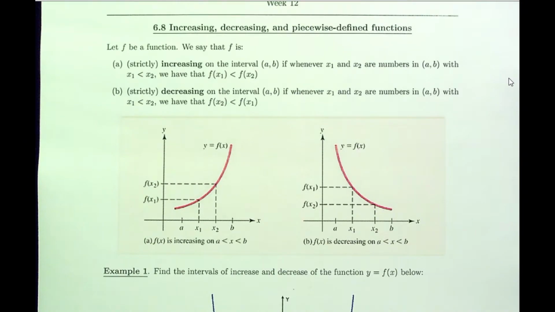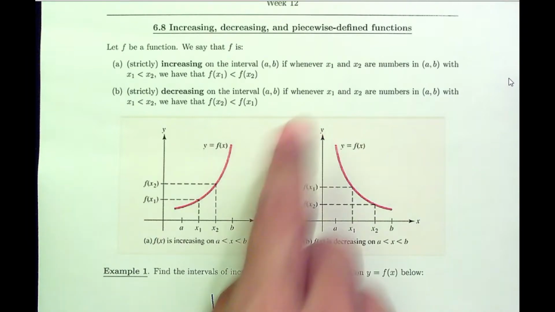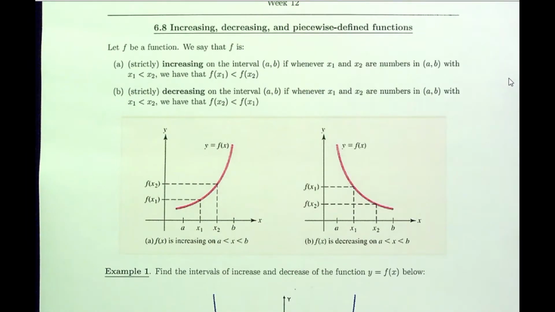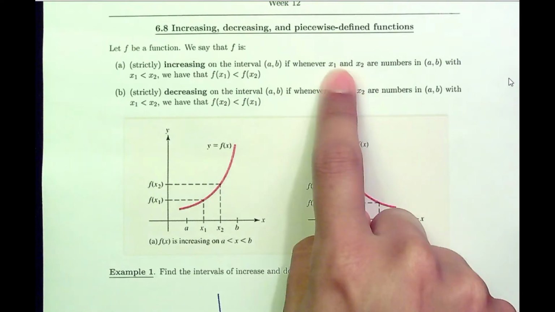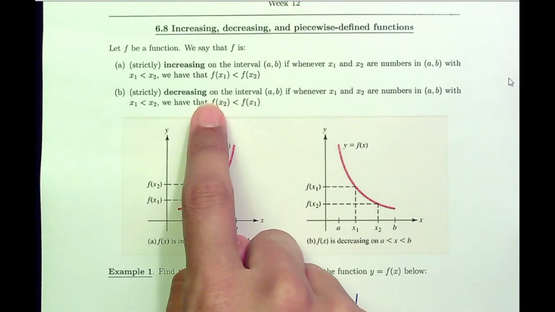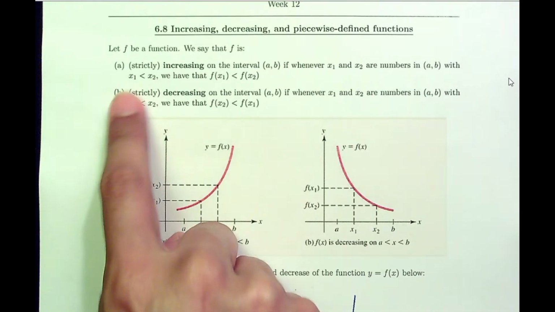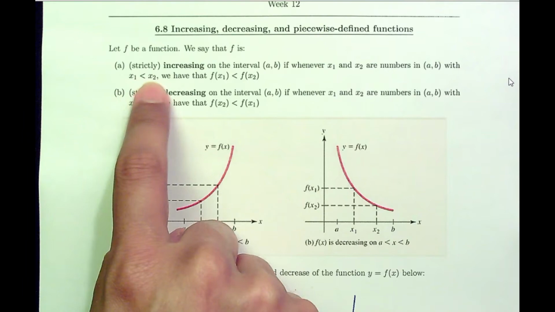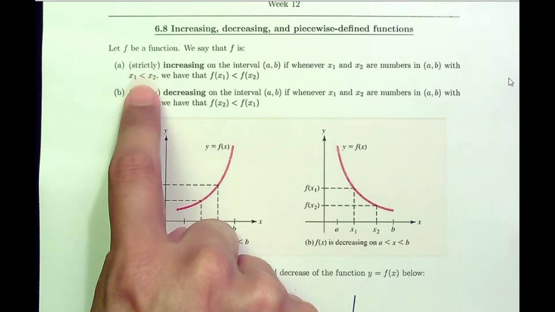If we have a function, we're going to say that the function is increasing over an interval AB if whenever you pick any two numbers, let's say x1 and x2, in the interval, with x1 to the left of x2, then when you apply the function, it pretty much respects the inequality.